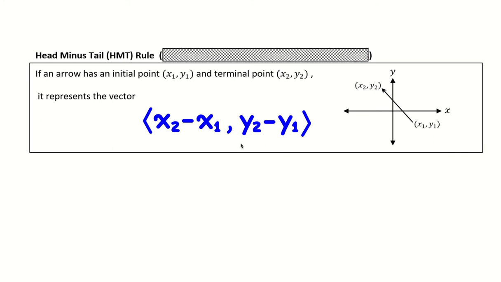Alright, now the head minus tail rule. Now what this relates to is, I mean, you don't have to have a vector starting at the origin, duh. That'd be kind of weird.